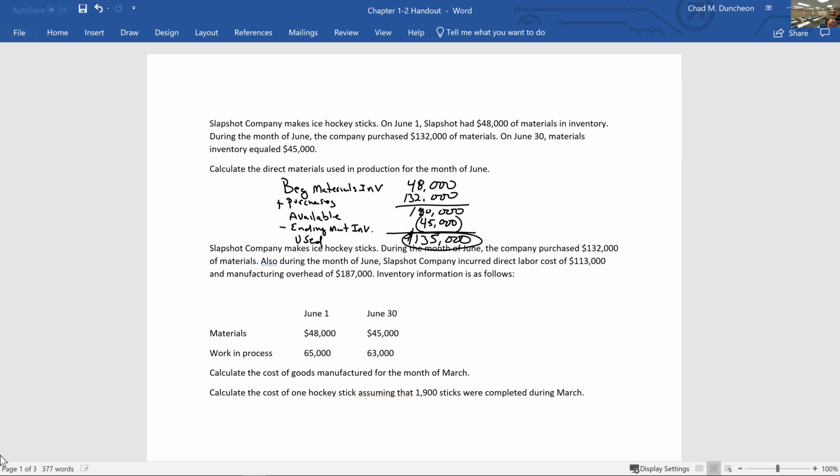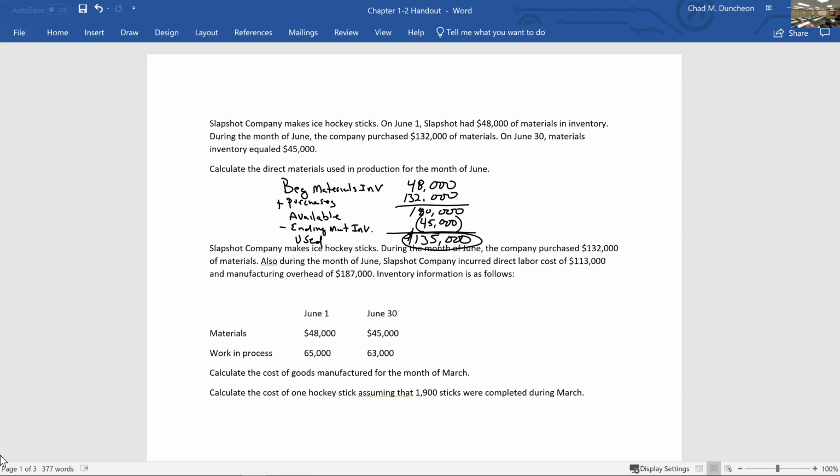That leaves 135,000, the dollar amount of the materials that were used. That is a great formula to remember: beginning plus purchases equals available, minus ending equals used. It's the cost of goods sold formula.